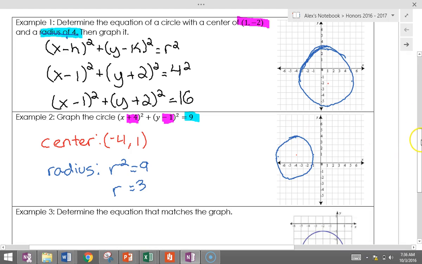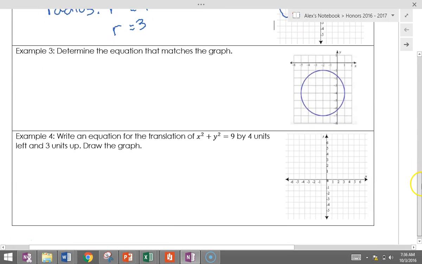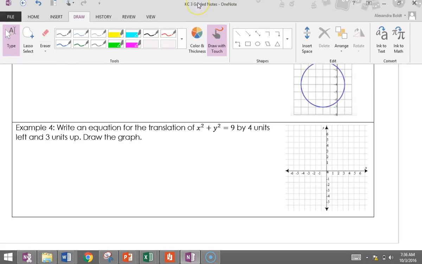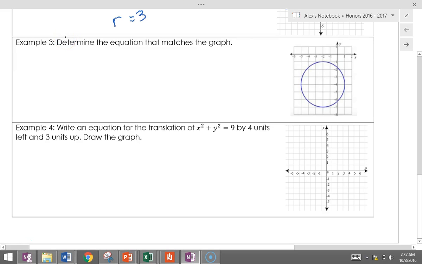Alright, looking at our next example, determine the equation that matches the graph. Same type of thing for this one, we want to find our center and our radius. For our center, it's the center of our circle. If you look at what splits the circle in half in both directions, down that line and then across this line, this here is our center.